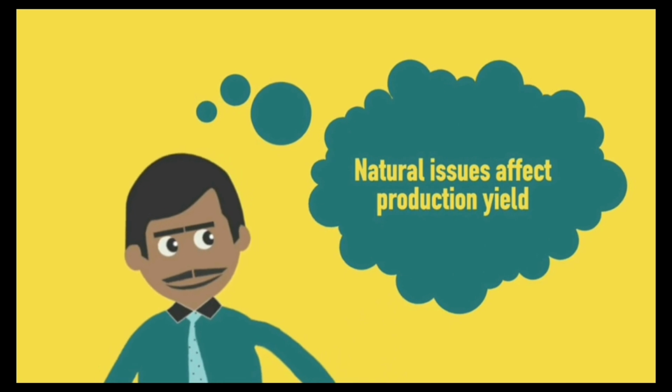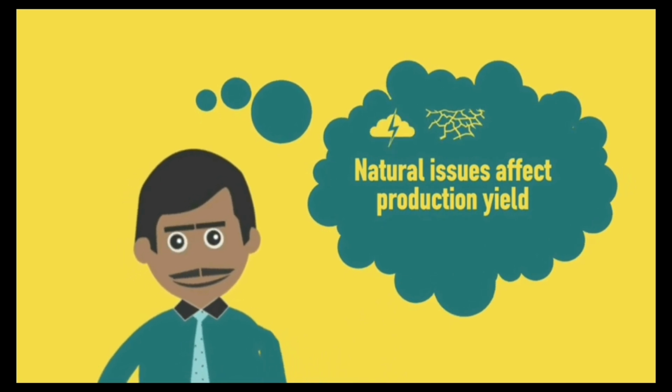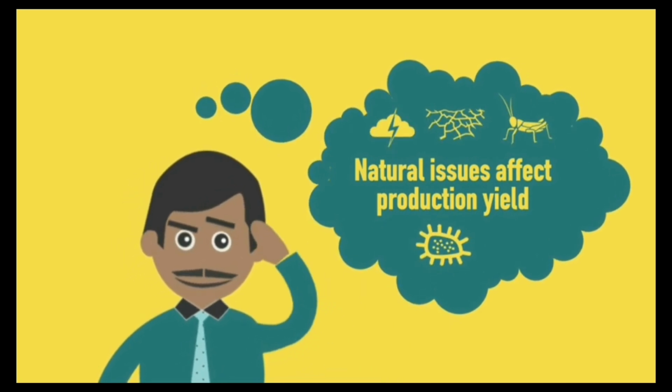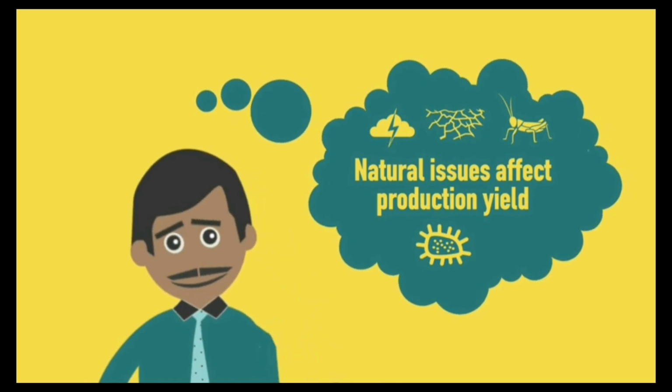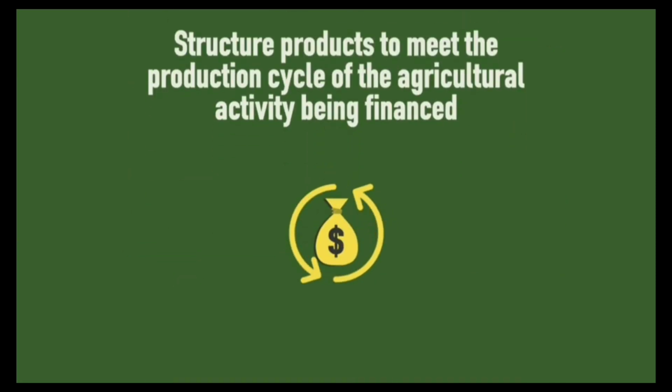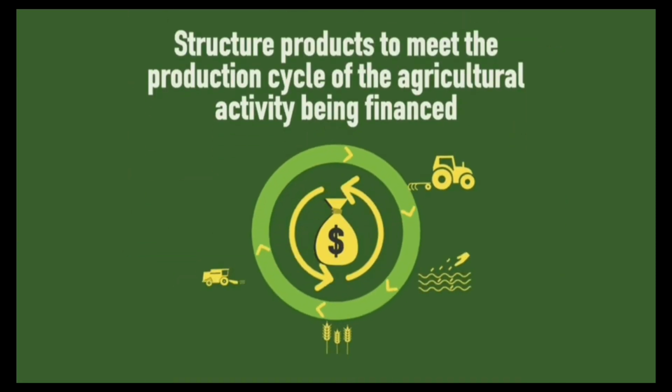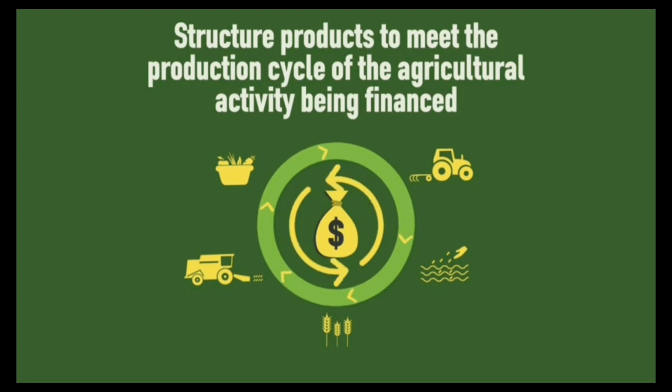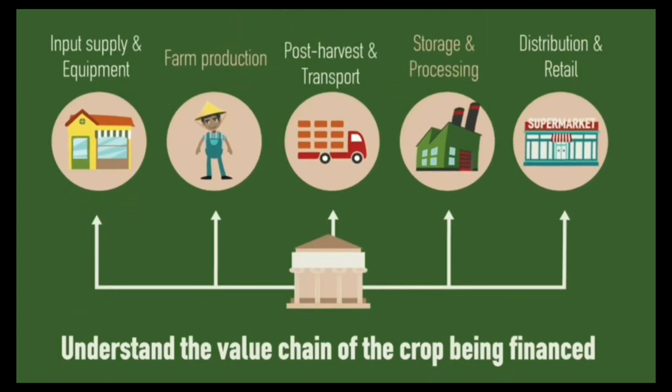A variety of natural issues affect production yield: weather effects, including outbreaks of pests and disease. This means the bank needs to structure products to meet the production cycle of the agriculture activity being financed.